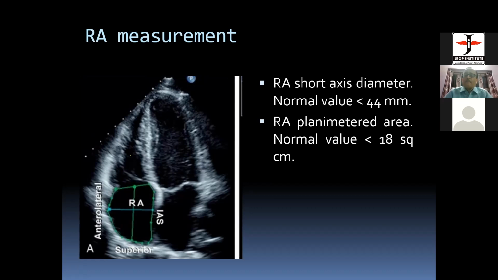Good evening, sir. I wanted to ask you how to calculate dP/dt. dP/dt. I'm sorry, I don't have a slide here. So you have to measure the difference between the velocities of the tricuspid regurgitation or mitral regurgitation from 1 meter per second to 3 meters per second.